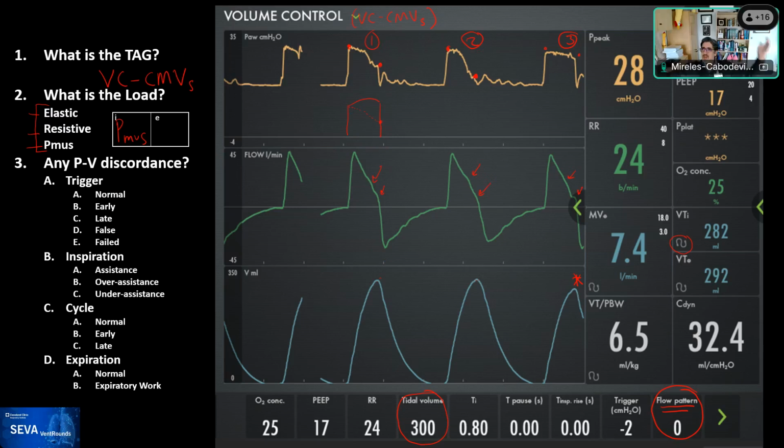So what's the normal load? In all of us humans, what's our normal load? Elastic or resistive? What's the main expiratory load? Yeah, elastic, my friends.